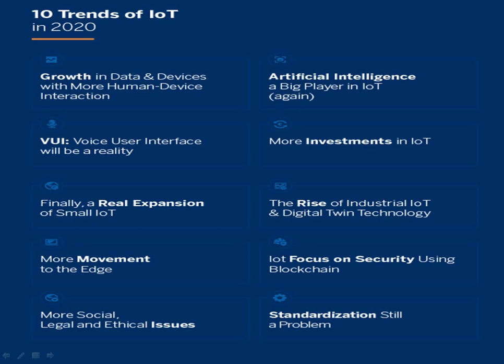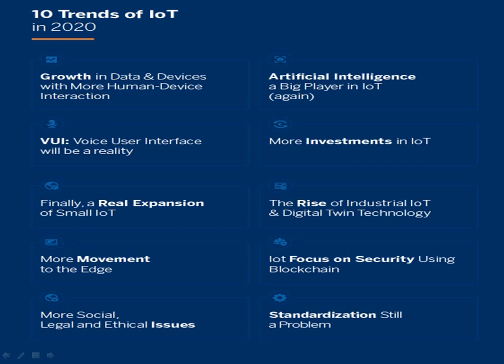And then the third trend is a real expansion of small IoT. So you have the expansion of the basic form through the IoT sectors, and more movement to the edge network. Previously, networks connected computers and mobile phones.